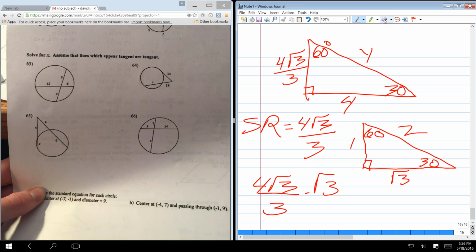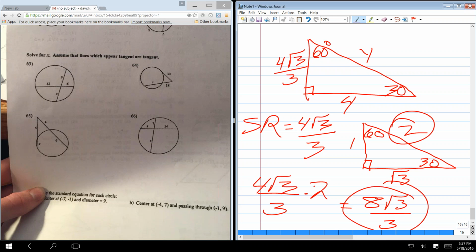Now y, the hypotenuse, is going to be the similarity ratio times this hypotenuse times 2. And that is 8√3 over 3, and that's your answer for y. Okay.